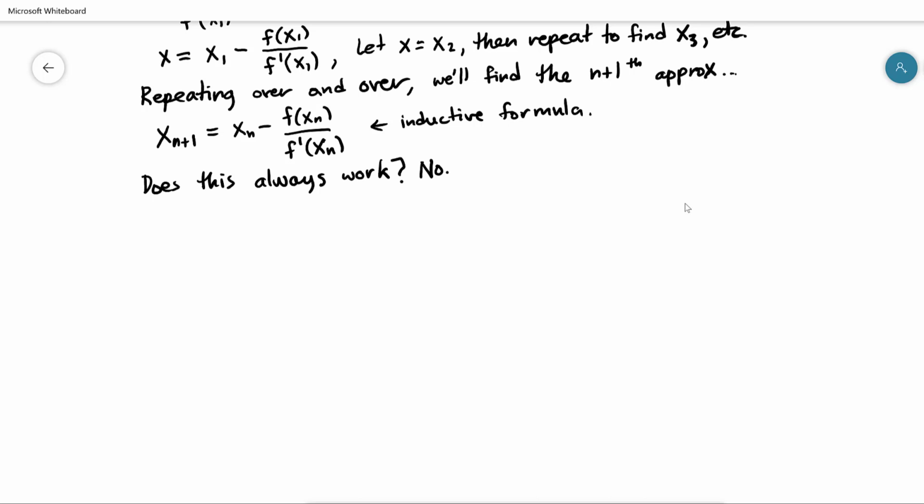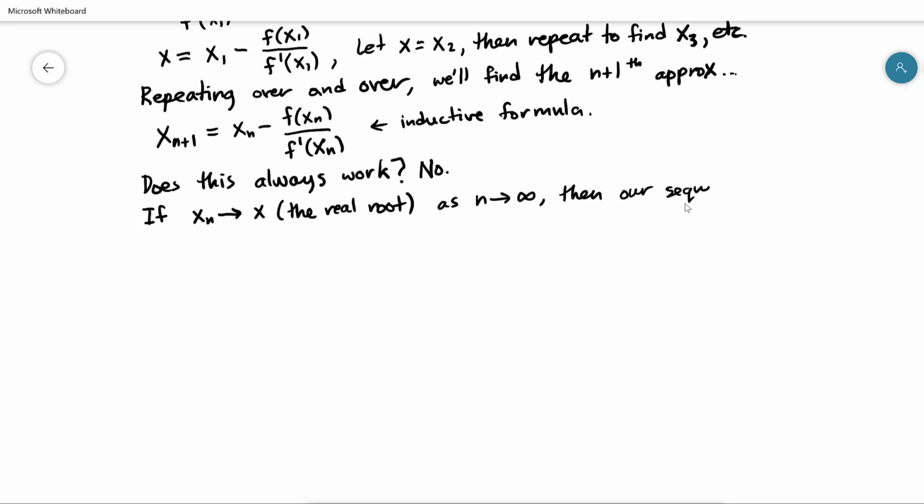So if xn goes to this true correct value of x, which I'm writing as sort of the real root that we're looking for, the real 0, if xn goes to that number as we repeat the process over and over again, so as n goes to infinity, then we say in this case the sequence of answers that we're getting converges.